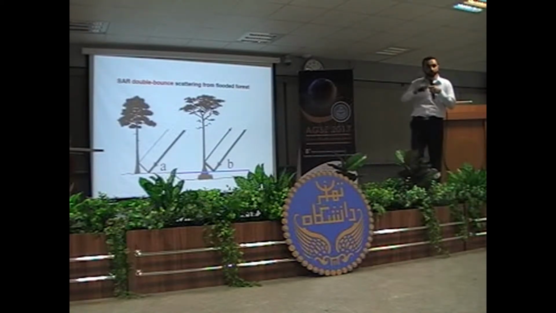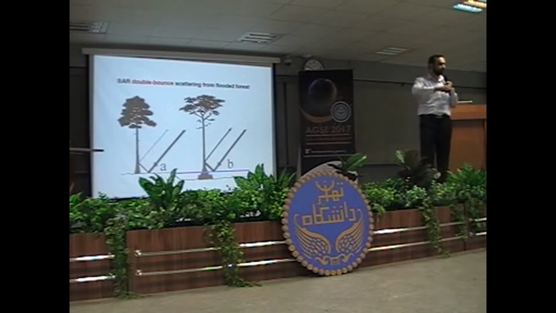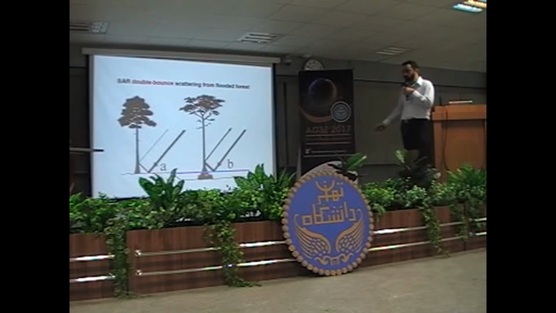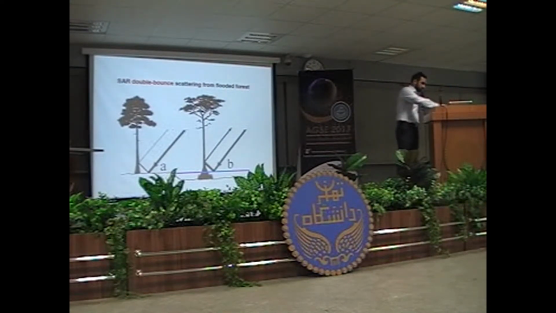For flood detection, radar remote sensing is also very good. Especially in forest areas, when there is flood, the signals can penetrate toward the ground, so flood mapping could be a very good application in radar imaging because of this reason.